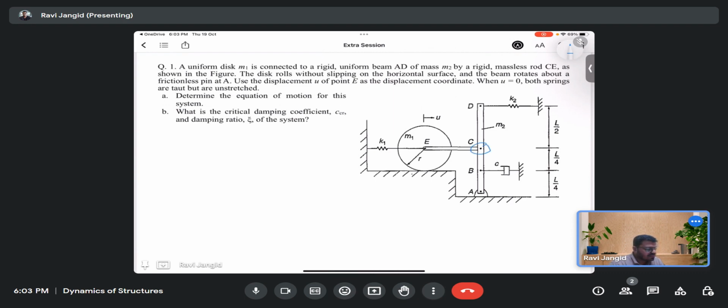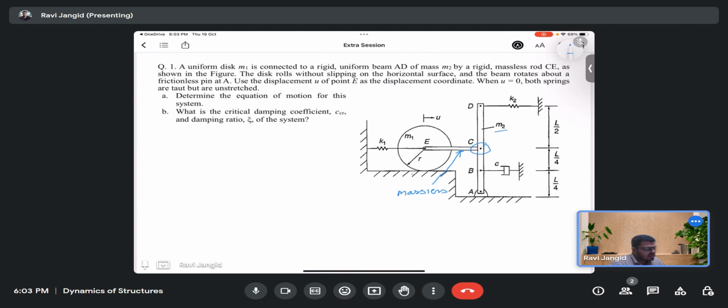This rod EC is massless, it has no mass, and the rod AB has the mass m2.